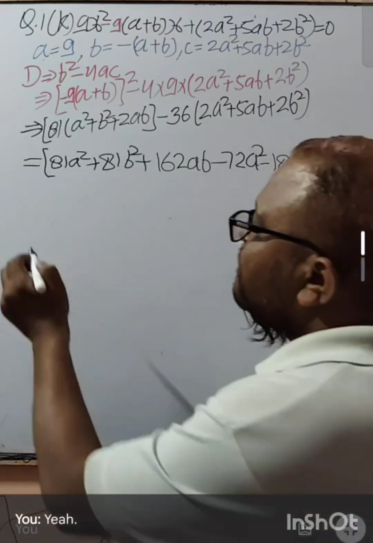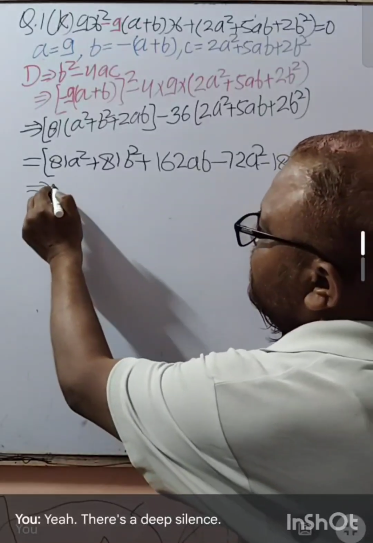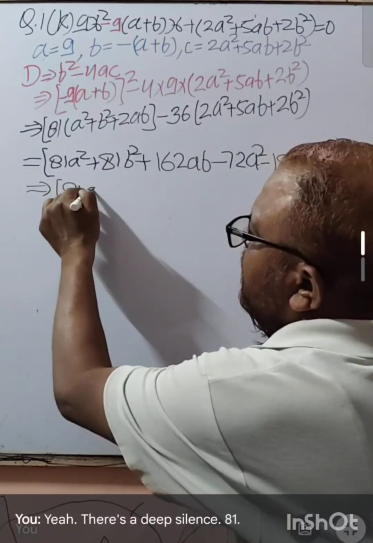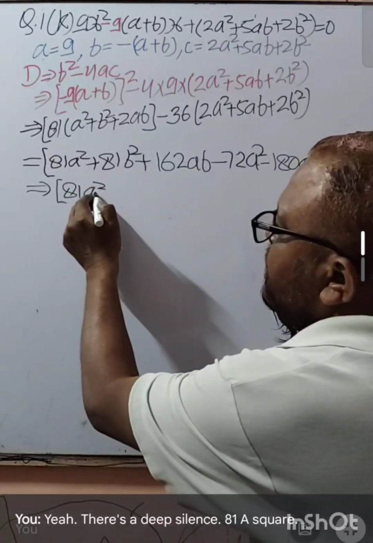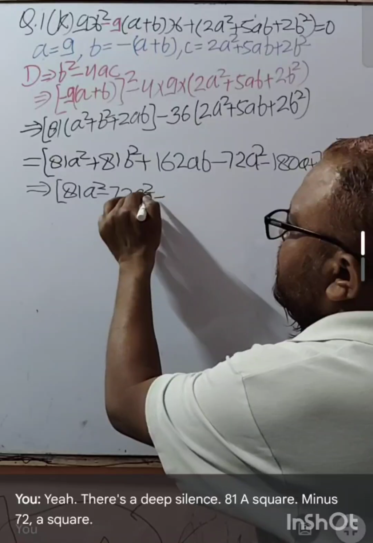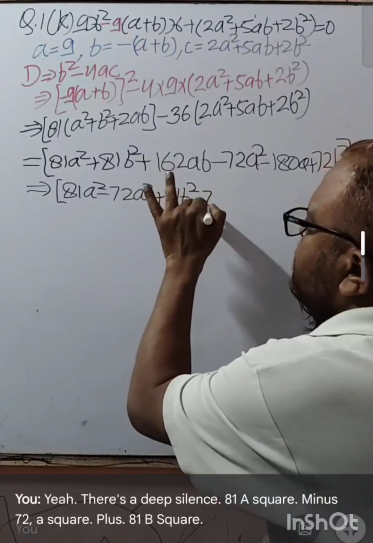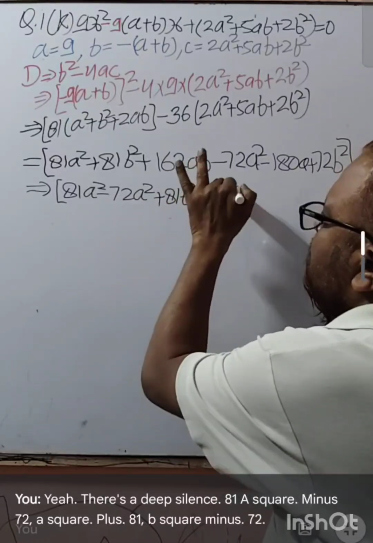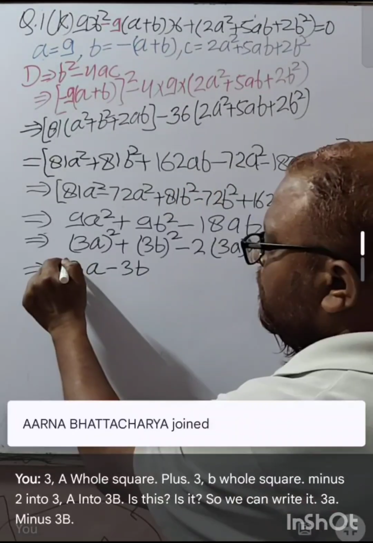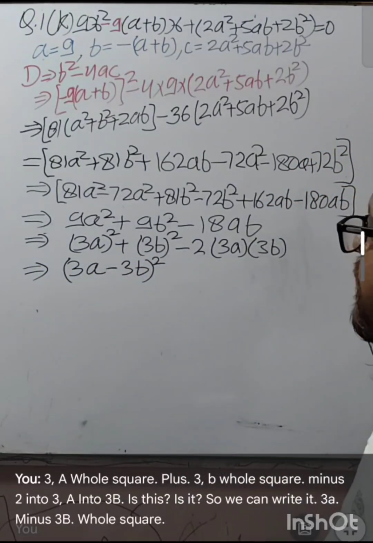Yeah. 81a square minus 72a square plus 81b square minus 72b square plus 162ab, right?